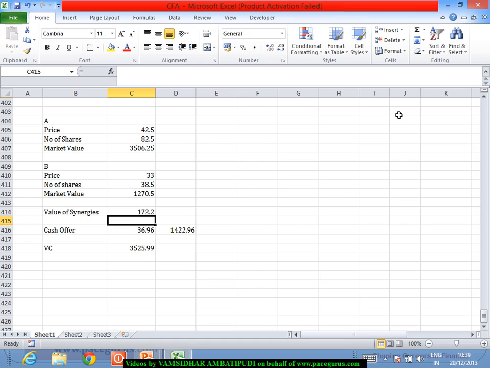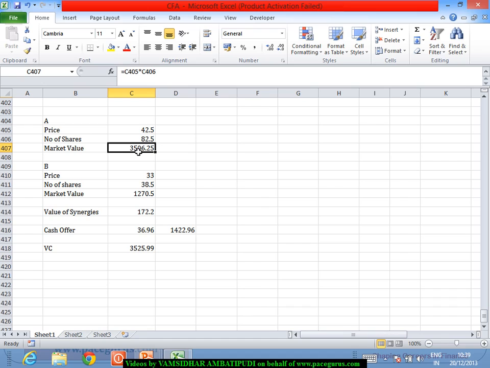So the increase for A as a part of this transaction, their actual value is 3506, whereas after the acquisition they have gone to 3526, something like that. That's the value of the combined firm.